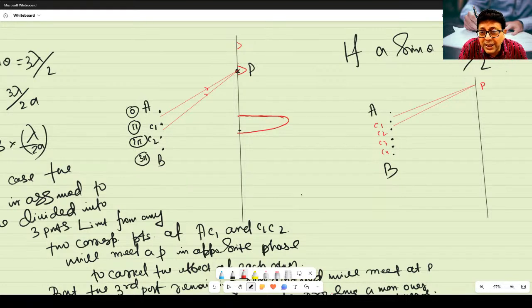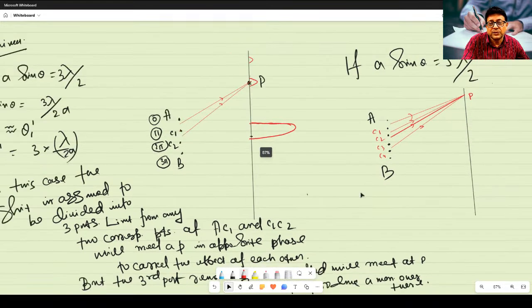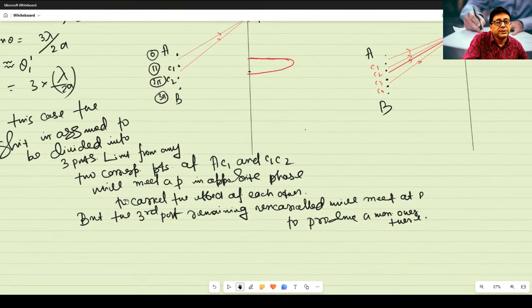Similarly, from C2, C3 and C3, C4, when they meet, we have seen that if corresponding points reach, they will cancel the effect of each other. The fifth part, remaining uncancelled, when it meets at the point P, will produce a maximum over there. Is that clear? Corresponding points are always in opposite phase.